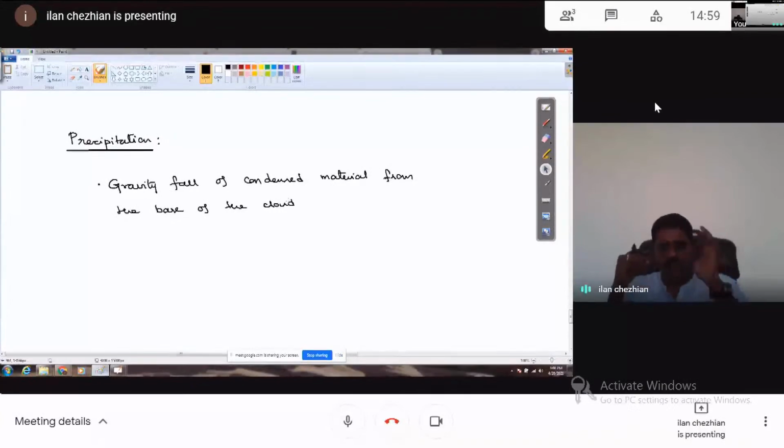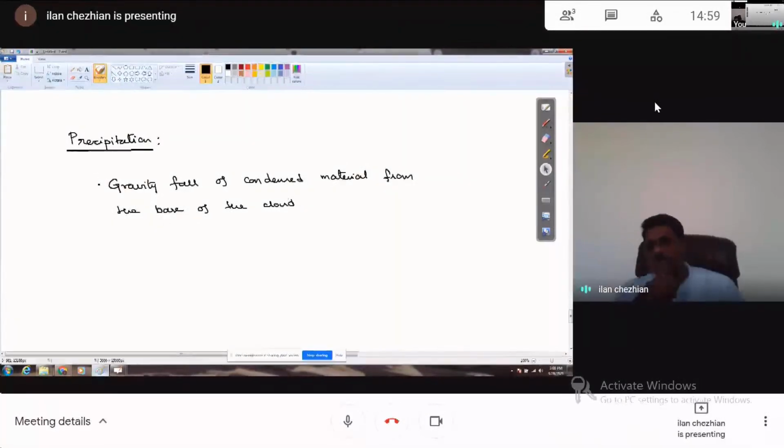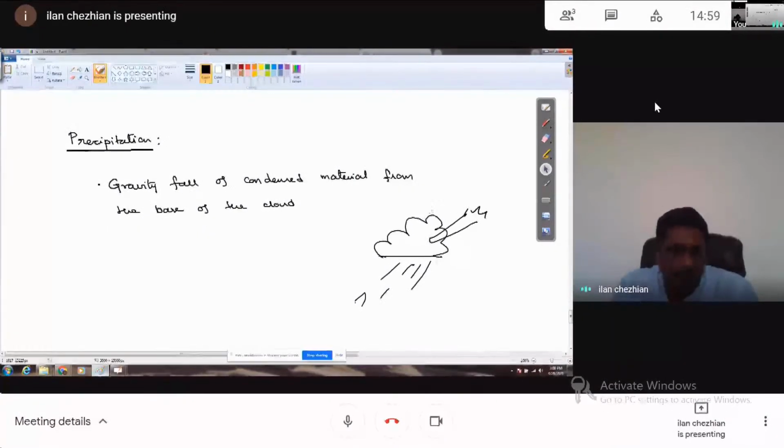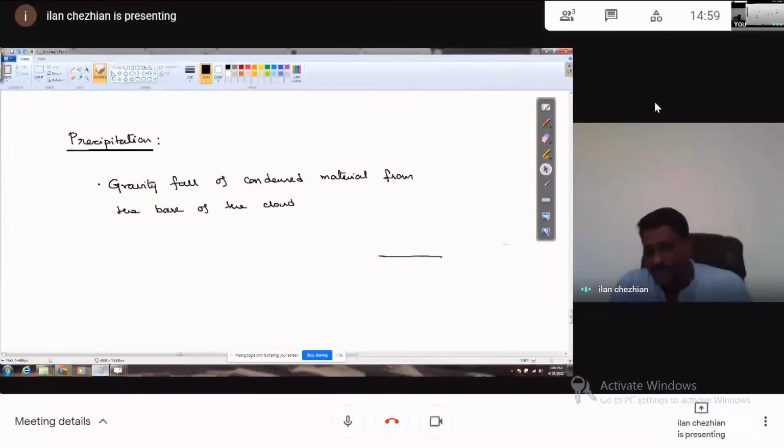I repeat again, gravity fall of the condensed material from the base of the cloud is called precipitation. That's the reason I sarcastically used to say, anything which falls from the cloud, if it is not a flight, you call it what? Precipitation. This is the last compartment of the hydrological cycle.